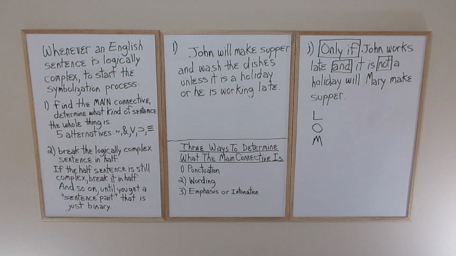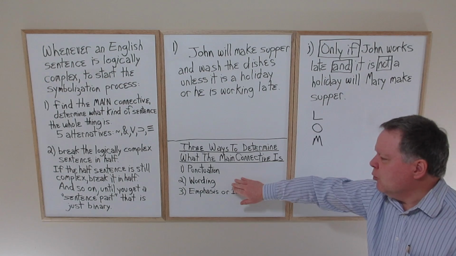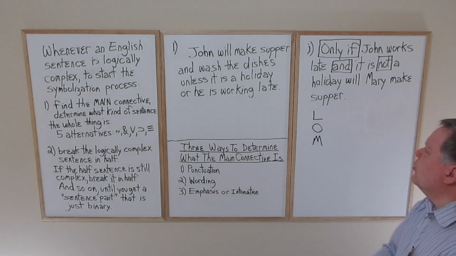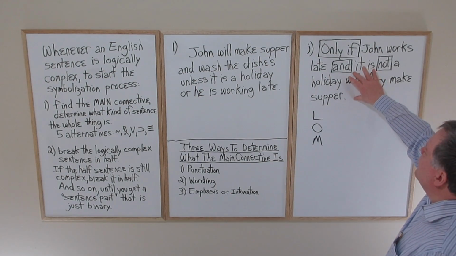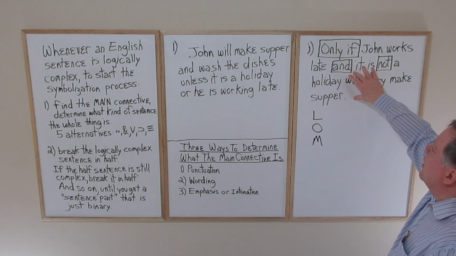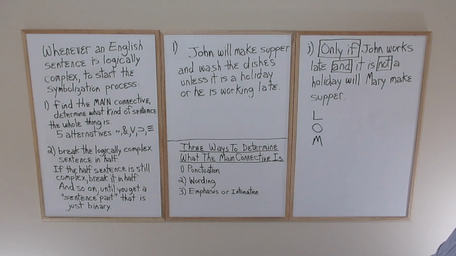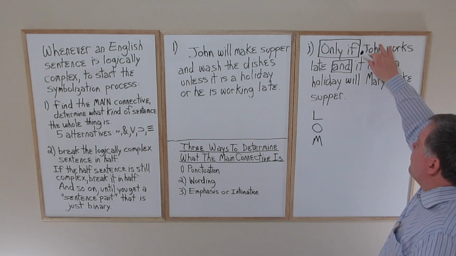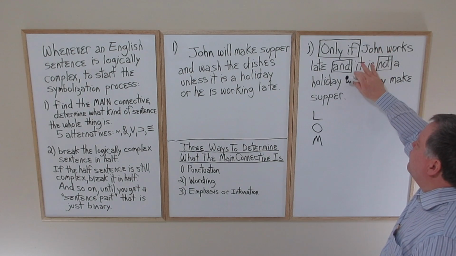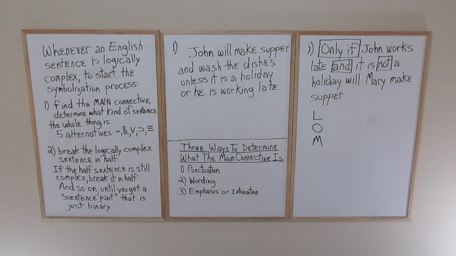Is the entire sentence a conjunction, perhaps? It could be. How can we tell? There is no punctuation. We can tell, though, by the wording. If this entire sentence were a big conjunction, what would the two conjuncts be? The string of words before the word and would be the left conjunct, and it says, only if John works late.